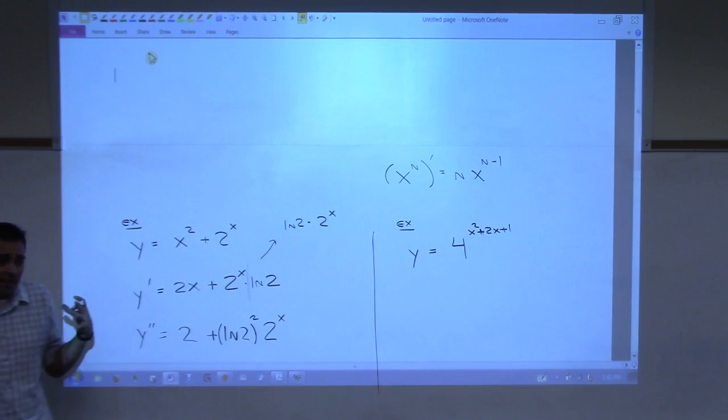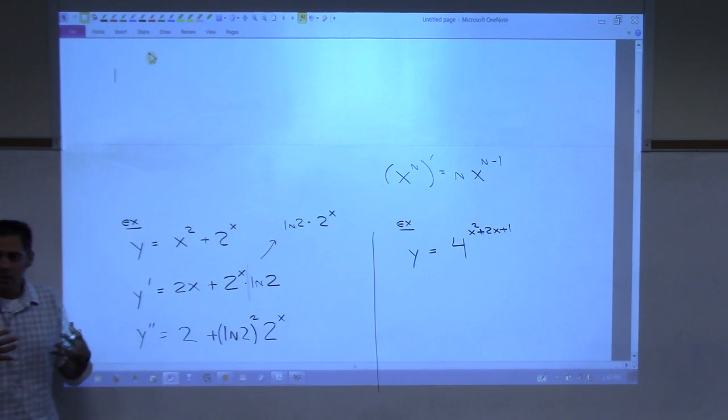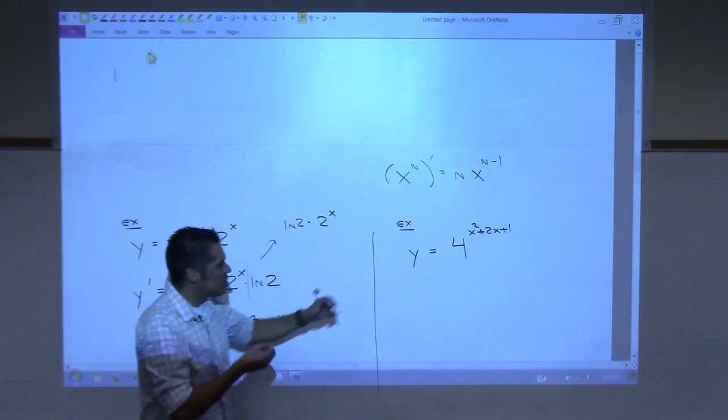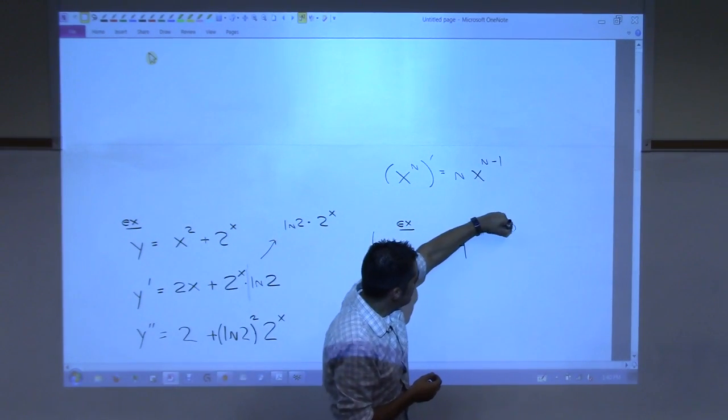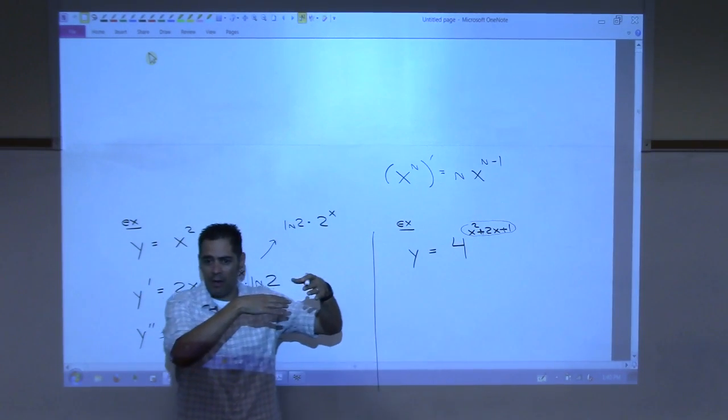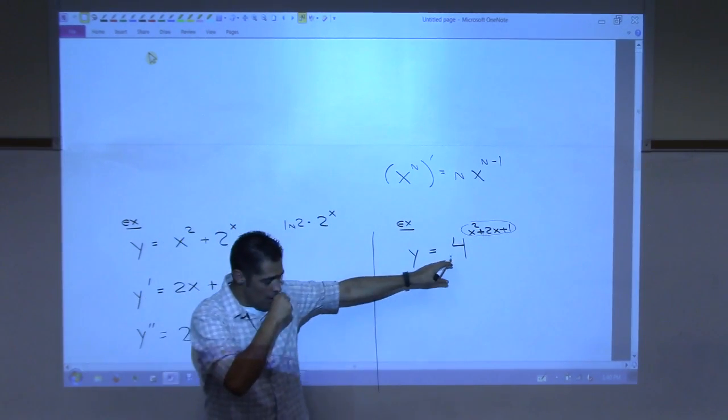We have to back up and look at, do we have an inner function and an outer function? If I were to plug x into this, I would start up here, figure out all of that, and then use that as the power on 4.